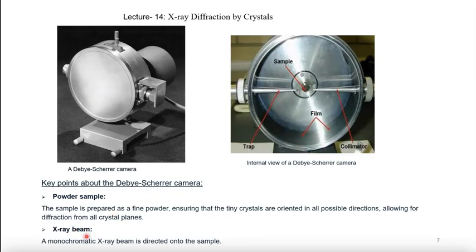We have an X-ray beam. We said that a monochromatic X-ray beam is required, directed onto the sample. We talked about the monochromatic X-ray beam in our earlier lectures. So it should be a monochromatic X-ray beam.